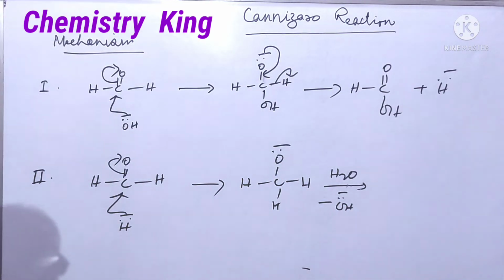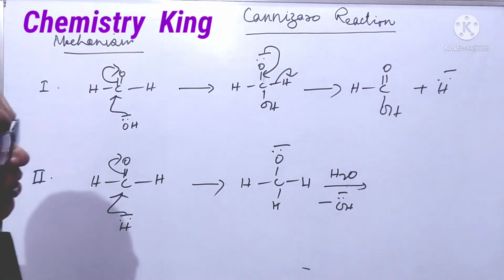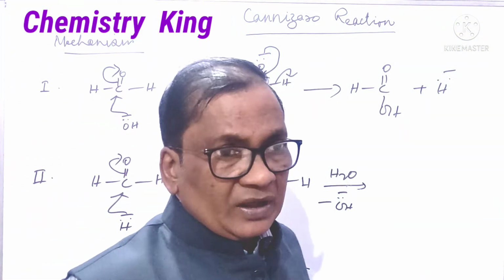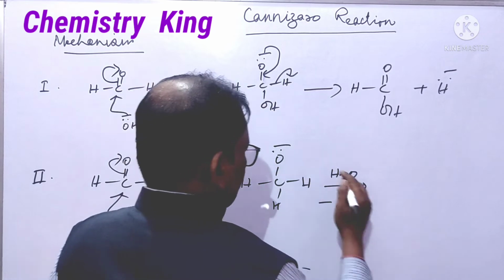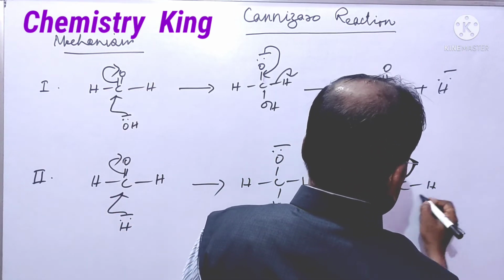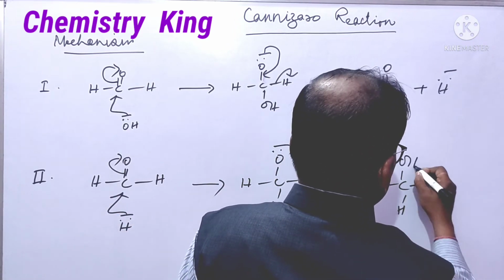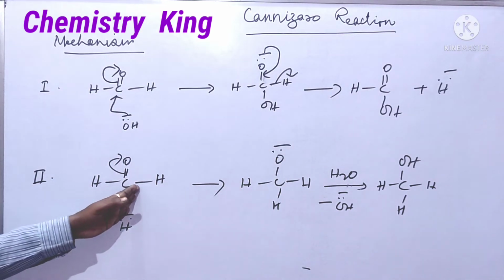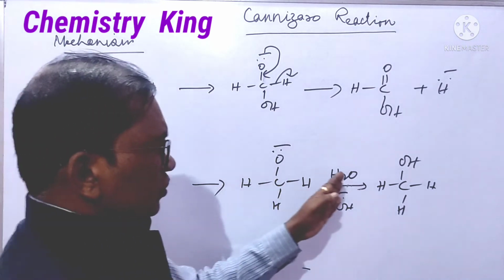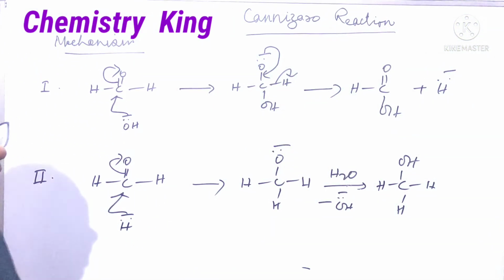So potassium hydroxide or sodium hydroxide base acts as a catalyst, and H plus comes here, H-C-H, O-H. It is methyl alcohol. Thus this second molecule of formaldehyde is reduced into methyl alcohol.